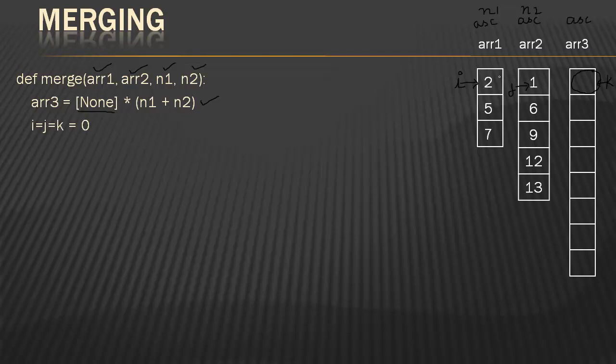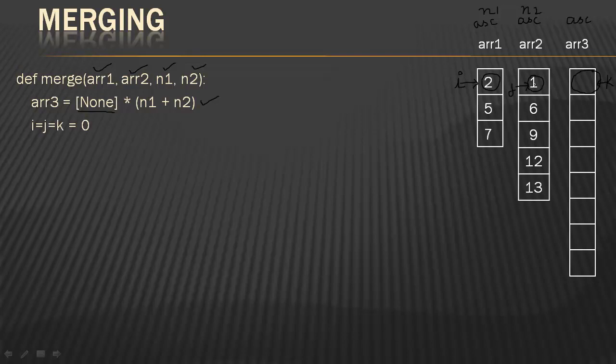I am trying to compare this element with this element. That means ARR 1 of I is going to be compared with ARR 2 of j. And whichever is smaller, you will be transferring it to ARR of 3.